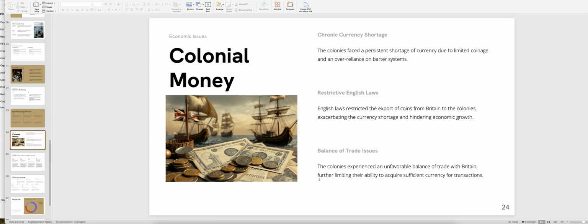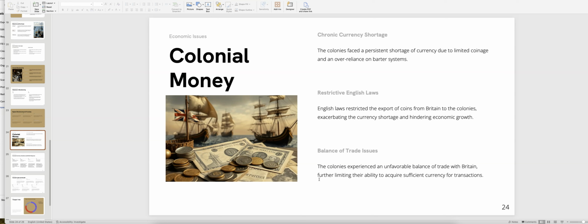They obviously don't have an independent currency, so it's largely relying on the barter system, which, as you would learn in principles of macroeconomics, is pretty limiting for an economy because of that double coincidence of wants, meaning each party has to want what the other has.